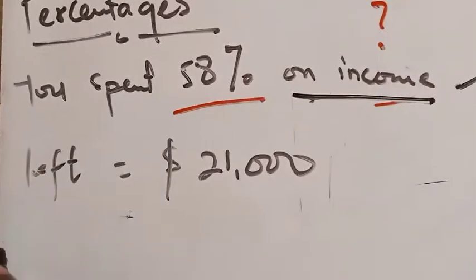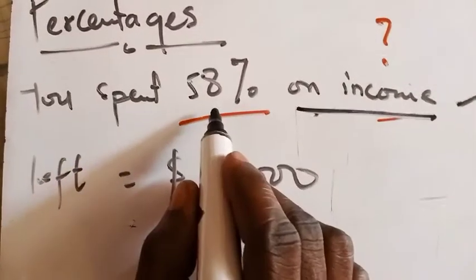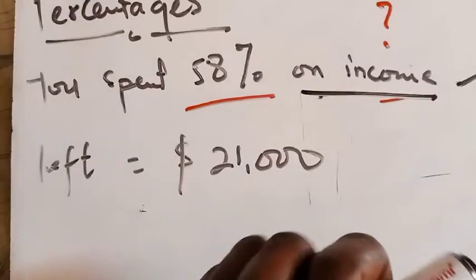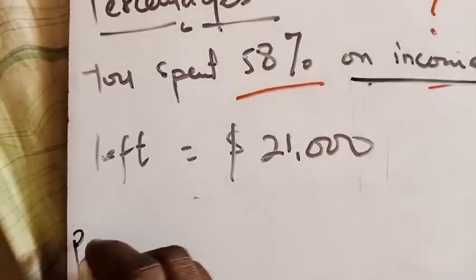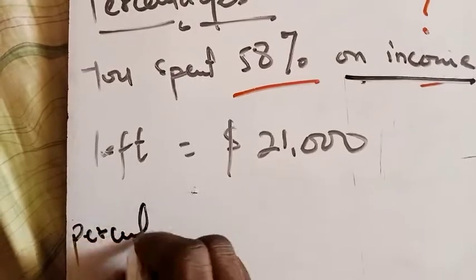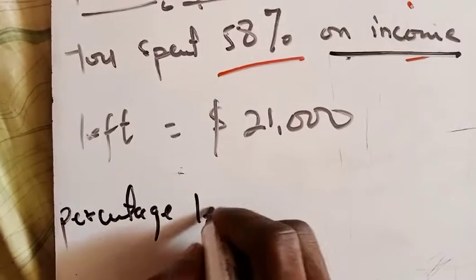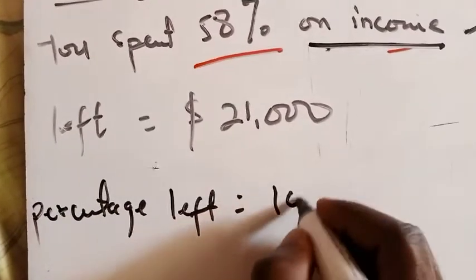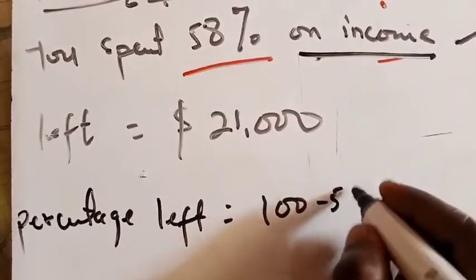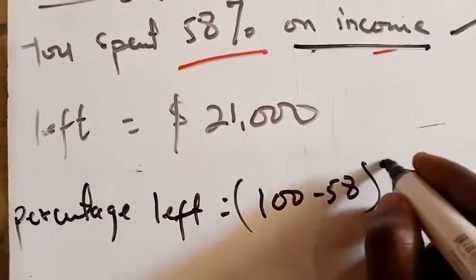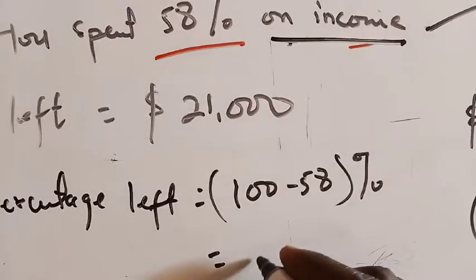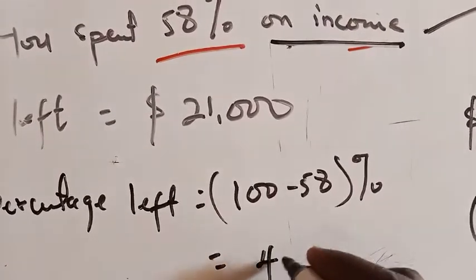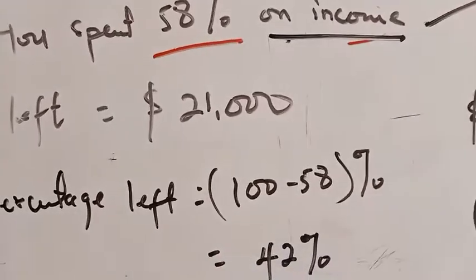So if the percentage spent here is 58%, what do you think will be the percentage left? That is equal to 100 minus 58, which is 42. So 42%, this is what is left.